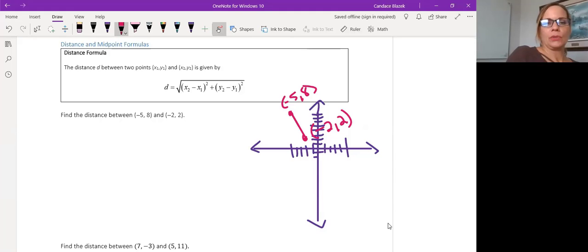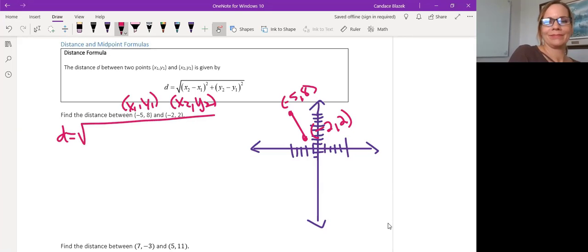So with that distance between the 2 points, we would have this formula. And how we're going to use it, we're going to let this first point be our x1, y1, and the second point will be our x2, y2. And we'll just fill in the formula. The distance is equal to all of it, it's all under 1 square root.